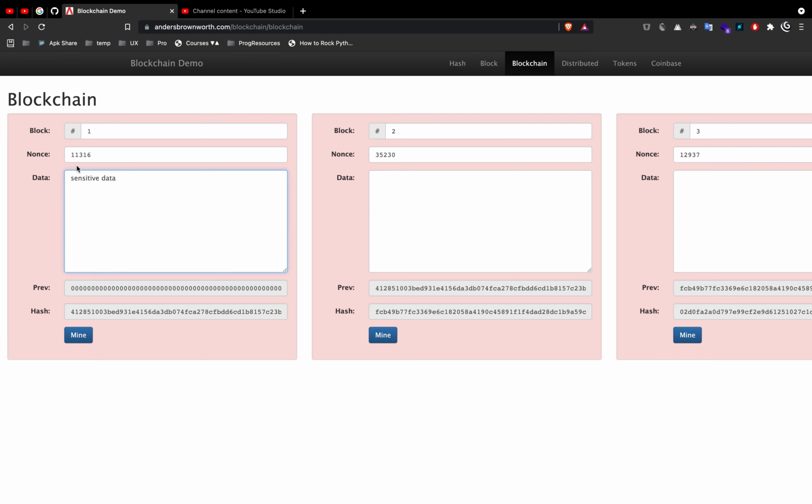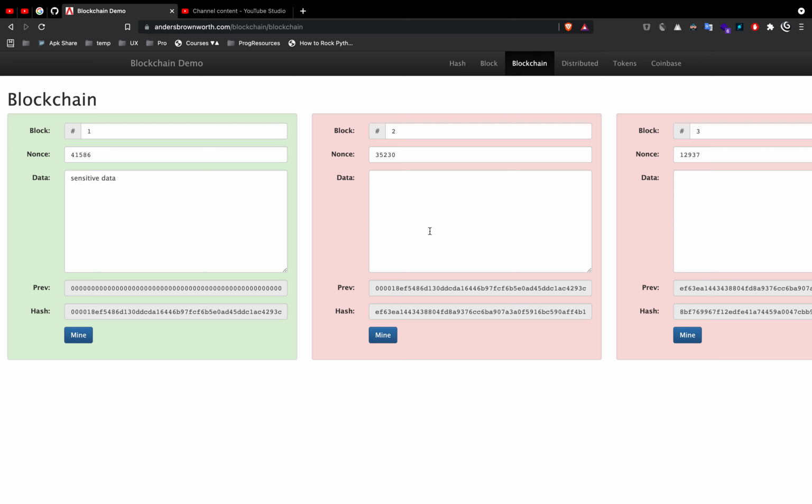Now let's try to find a nonce for this block by mining it, which will make sure that the hash starts with four zeros. And we found it, and the previous now is the same as the hash of block 1.